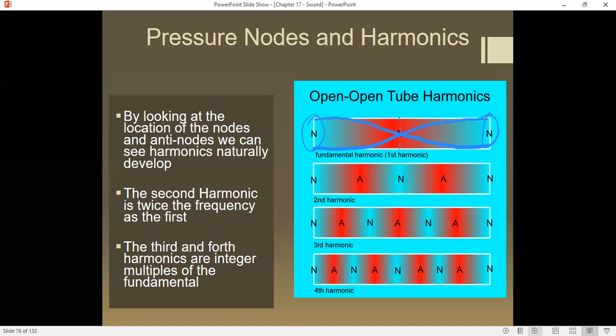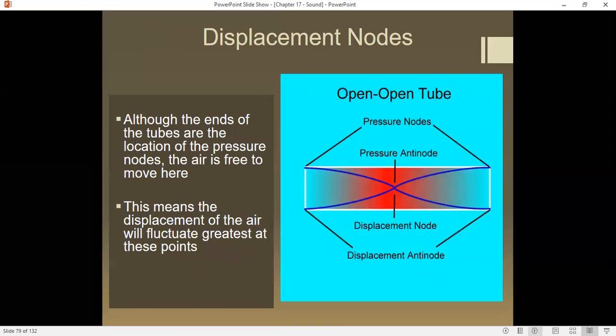I've got to be careful here. Am I doing this right? Yes, I'm doing this right. That would be the next harmonic. Okay, so here you can see the combination. What is the displacement doing?